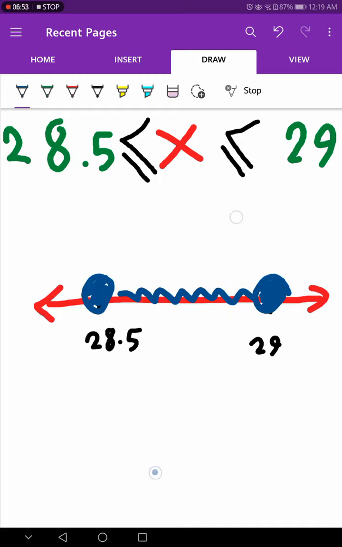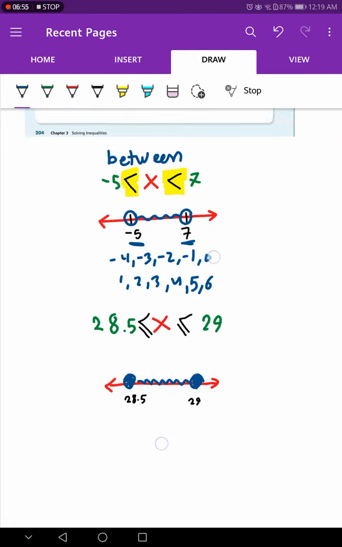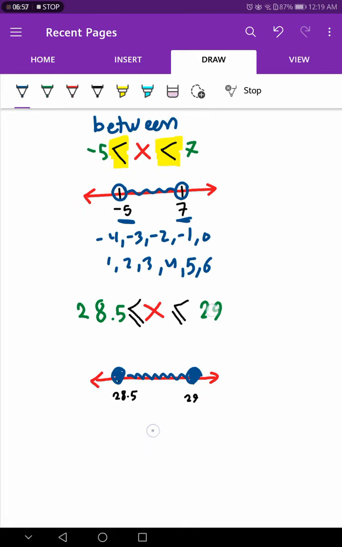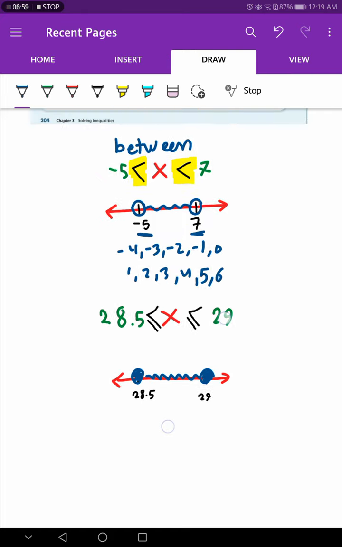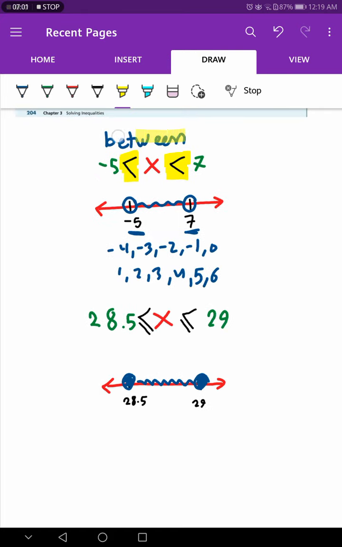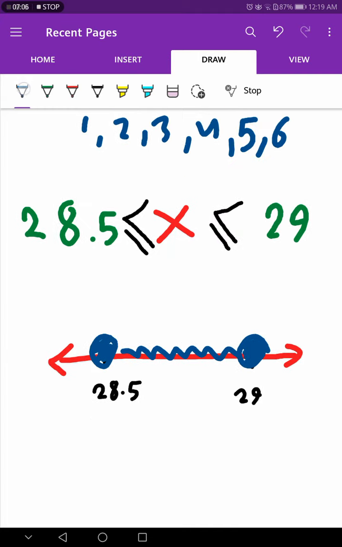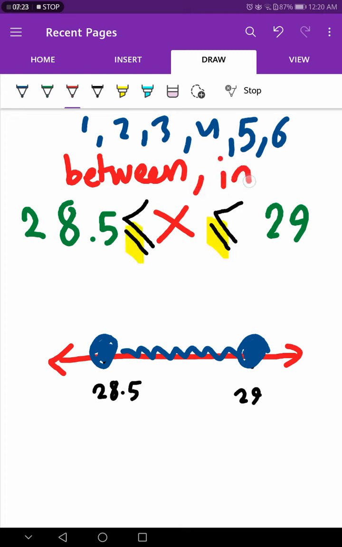But what is the difference between question number 9 and question number 10? Remember that in question 9 he just mentioned between. But in question number 10 he said between too, teacher, so why would you put the equal sign here? As I said, because he mentioned it is inclusive.